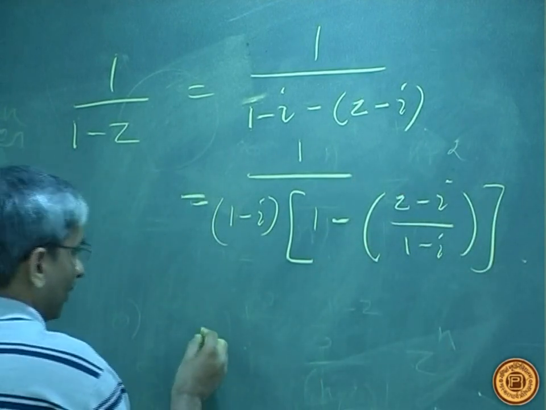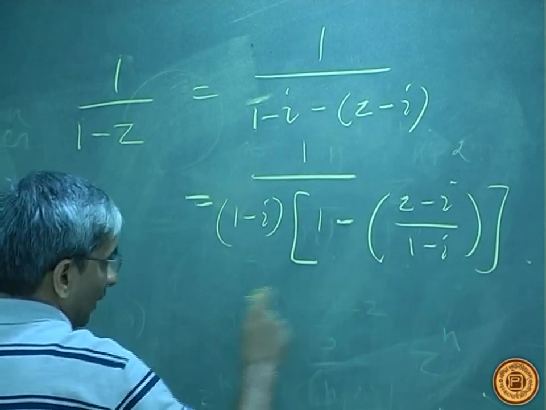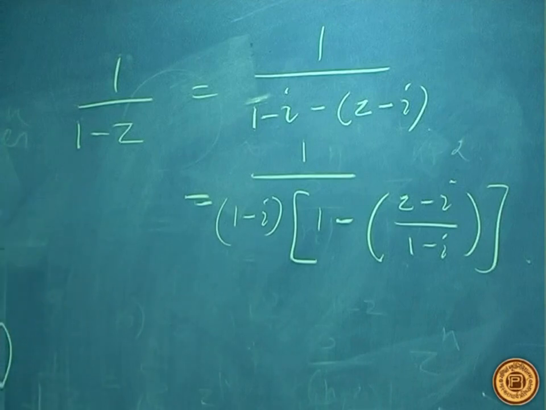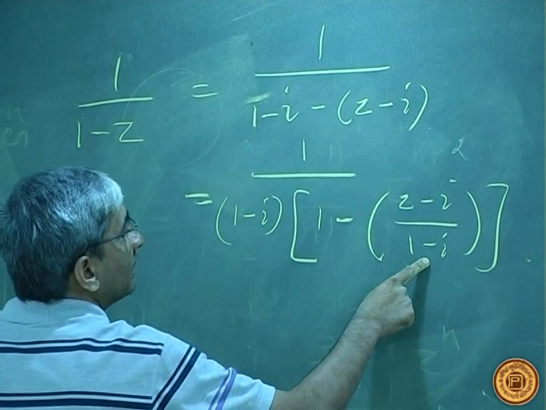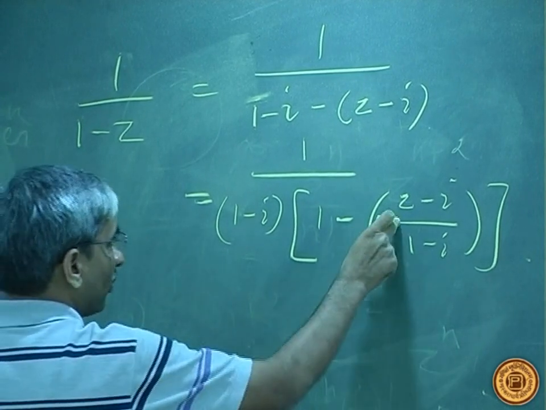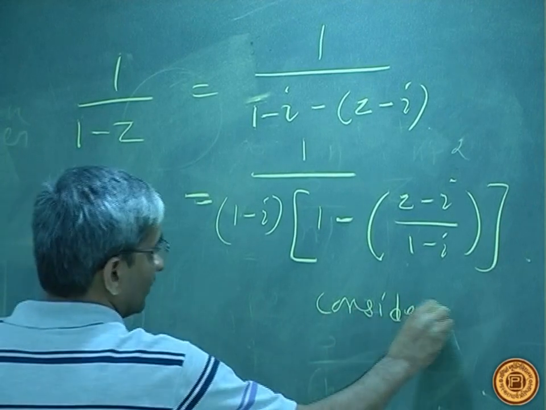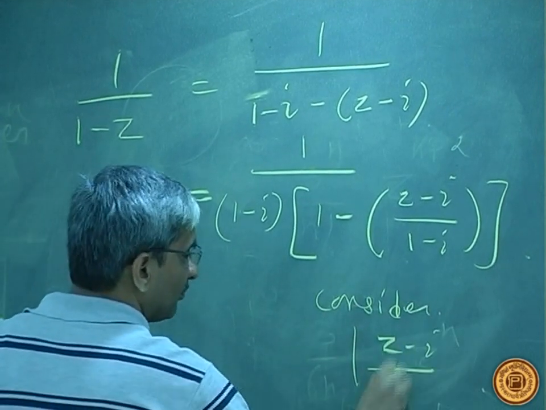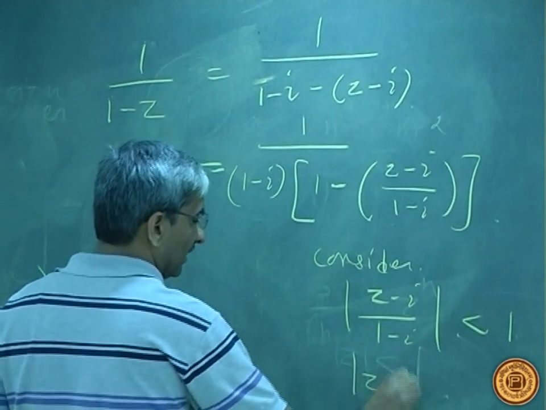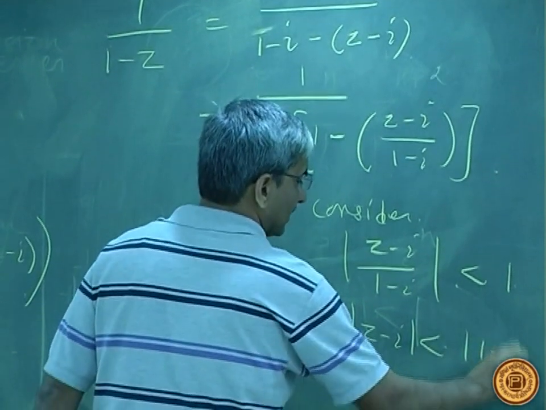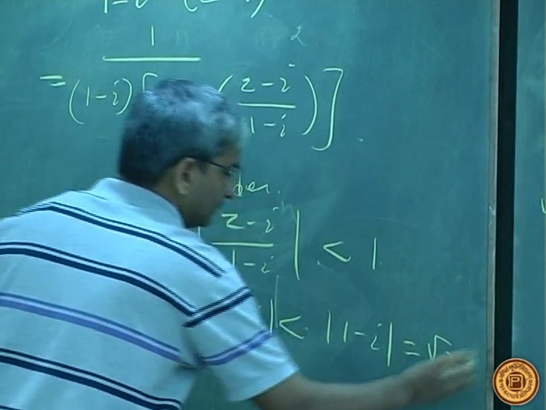Now I can substitute 1 over 1 minus z by 1 plus z plus z square and so on, provided this modulus is less than 1. So mod of z minus i upon 1 minus i should be less than 1. That means mod of z minus i should be less than mod of 1 minus i. But mod of 1 minus i is square root of 1 plus 1, that is root 2.